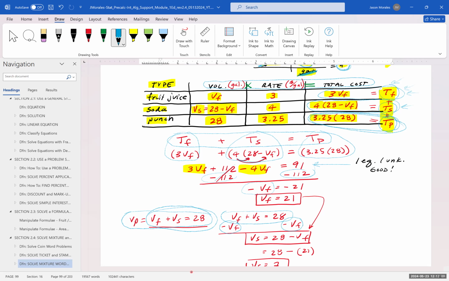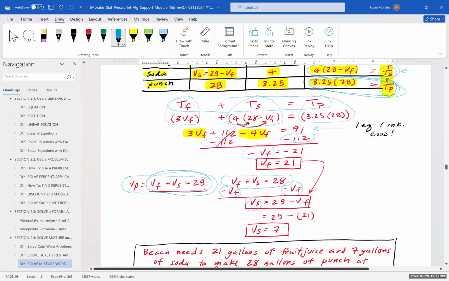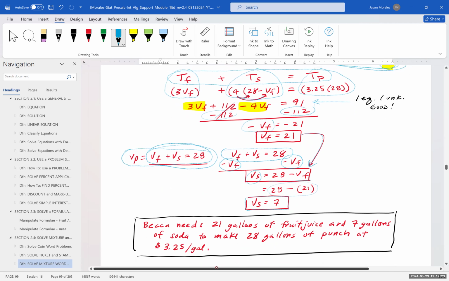And what we do to one side, we have to do to the other. So the volume of the soda is going to be equal to 28 minus the volume of fruit juice. And so we can take this volume of fruit juice that we got and substitute that in. So we're going to have 28 minus 21. So the volume of soda required is going to be 7 gallons.